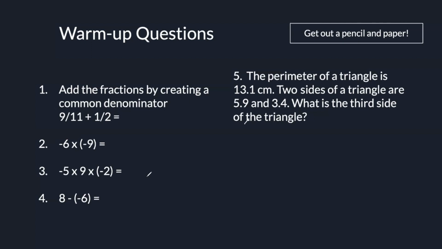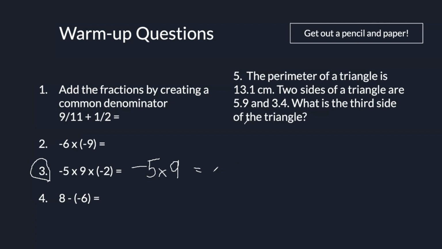For the third one, it says negative 5 times 9 times negative 2. So first I did negative 5 times 9.